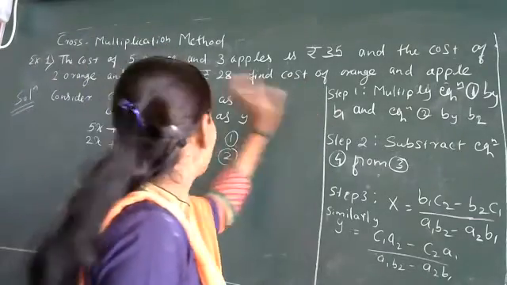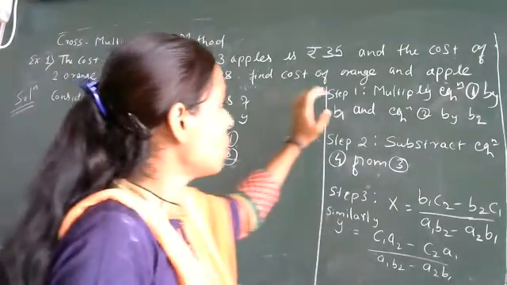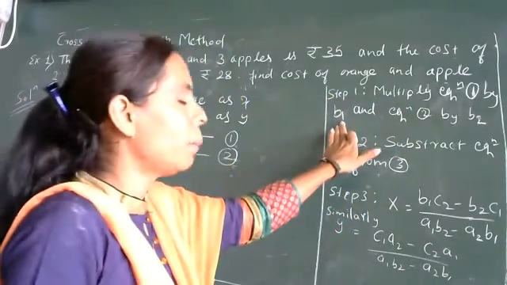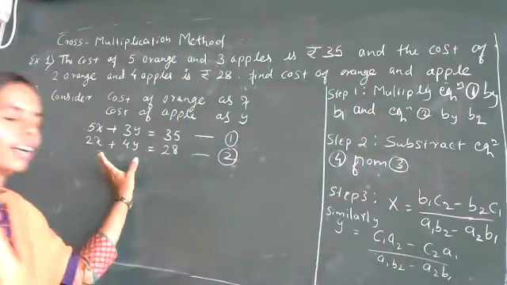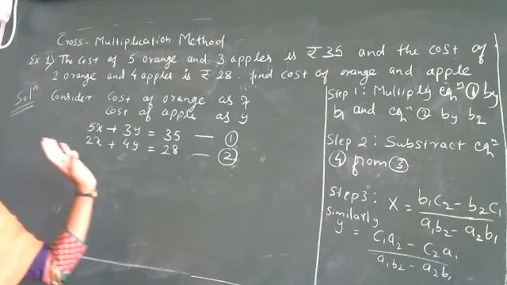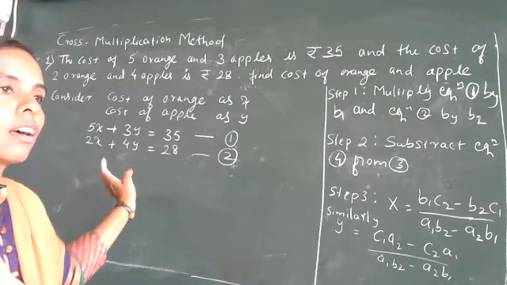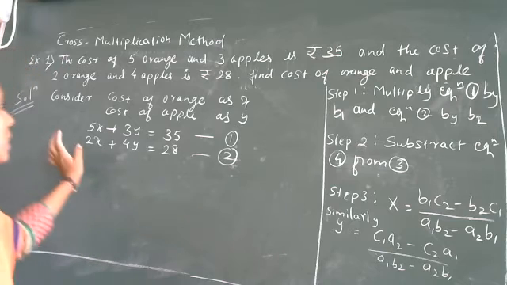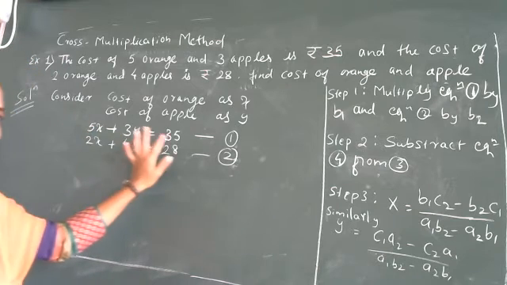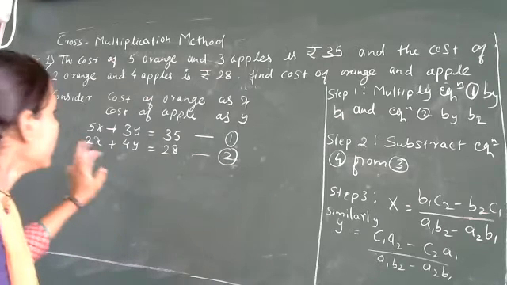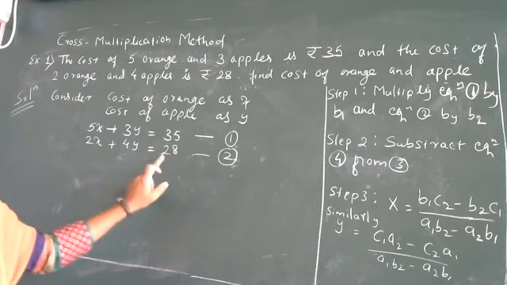So in this method, that is the cross multiplication method, the first step is to multiply equation 1, this first equation, by b1. We know the standard form of a linear equation. What is it? When we are considering two equations, it is a1x plus b1y plus c1, and the second equation is a2x plus b2y plus c2.